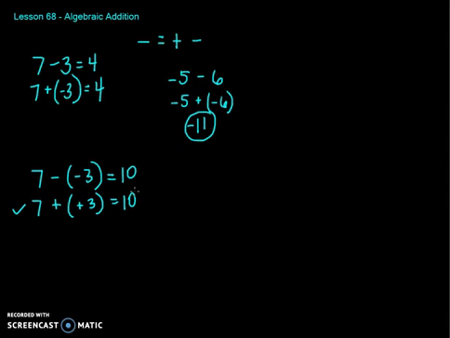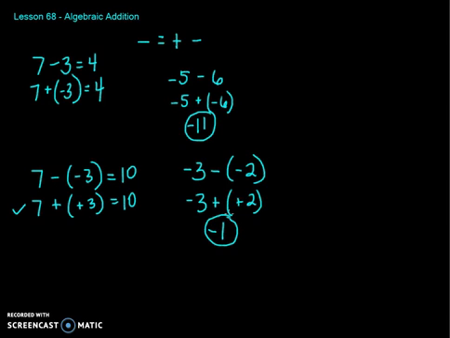If we have negative 3 minus a negative 2, we can rewrite that as negative 3 plus a positive 2. We just change those to the opposite. So this ends up being negative 1. Very easy, because all of you did great at adding positive and negative numbers.